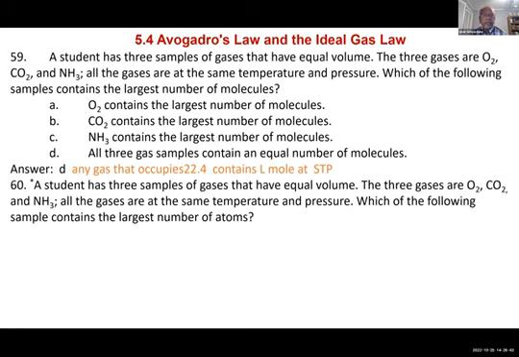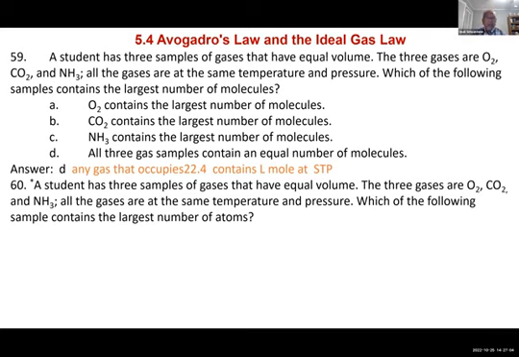The student has 3 sample gases that have equal volume. The gases are oxygen, carbon dioxide, and ammonia. All the gases are at the same temperature and pressure. That's STP. Which of the following samples contains the largest number of atoms?